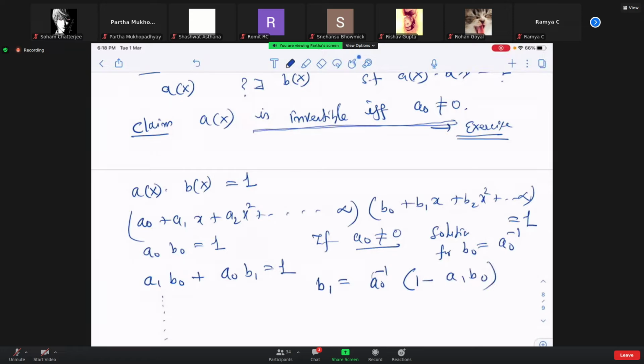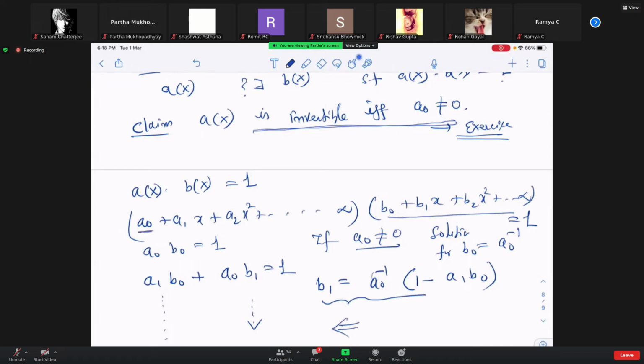And likewise, you can keep doing this and argue that there exists this power series b(x) that multiplies with a(x) to give 1. So I proved that if a0 is non-zero, then you have an inverse.